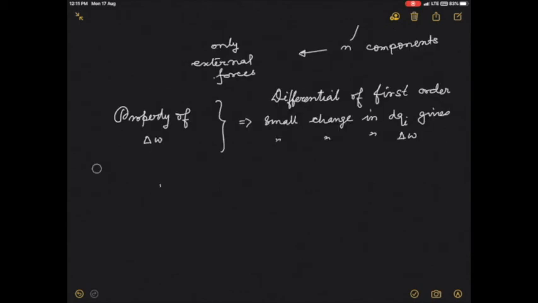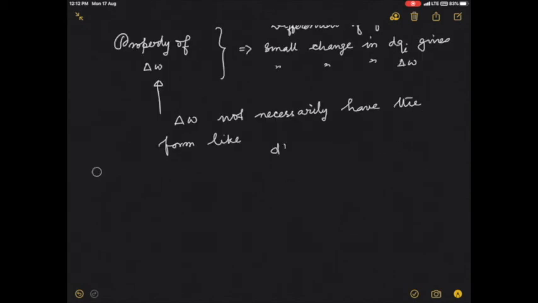Now, delta W does not necessarily have the form dU, where U is a function of q1 to qn. So it's not necessarily of this form.